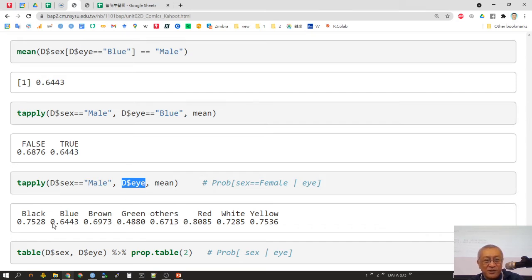Now, blue color is like 0.64, right? And red color is 0.80, right? Now, by seeing this comparison, can I say that we have more red color males than blue color males? Can we say that?